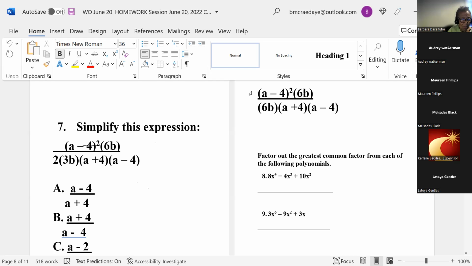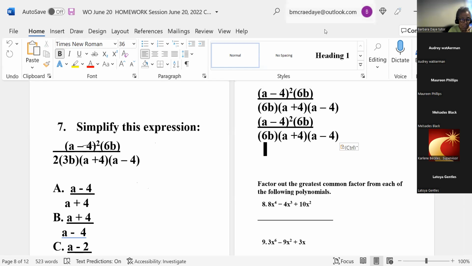So now we can rewrite this and take out the 6b because it's common to both the numerator and the denominator. You can cross it out or you can just take it out. That comes out, and let's take it out in the denominator because that's just 1. And 1 doesn't change the value. Everybody with me?